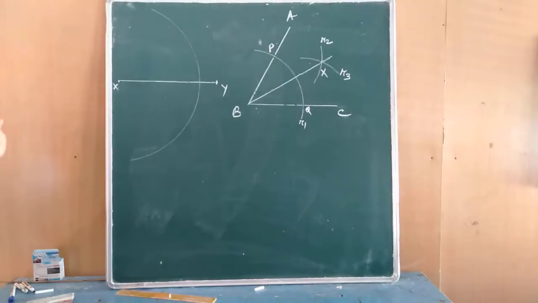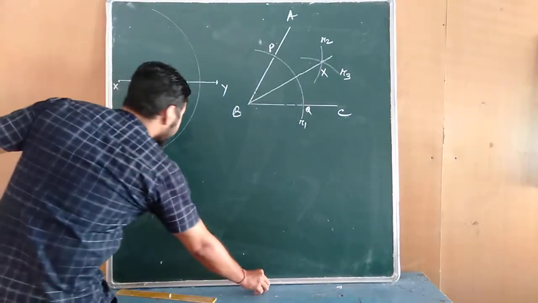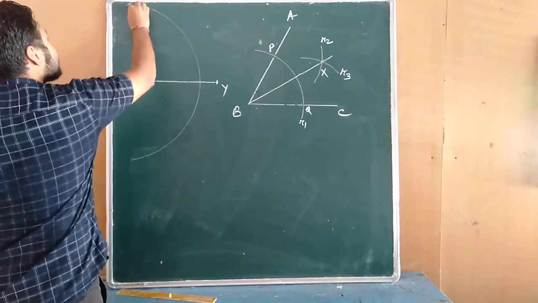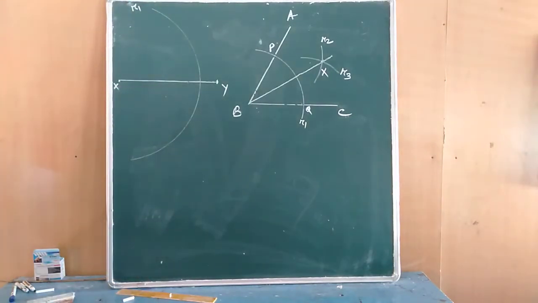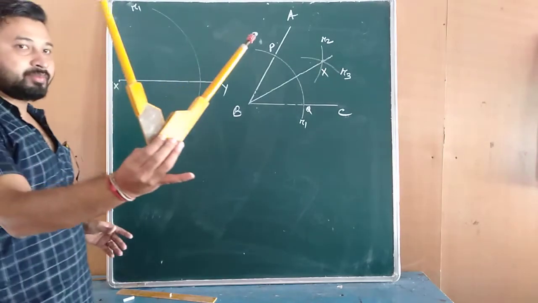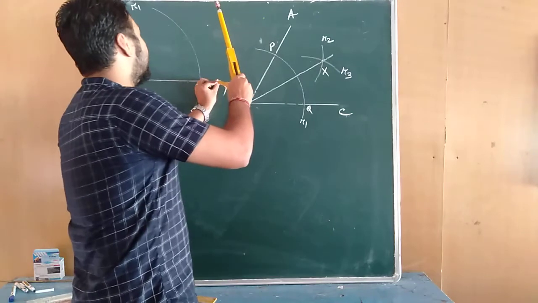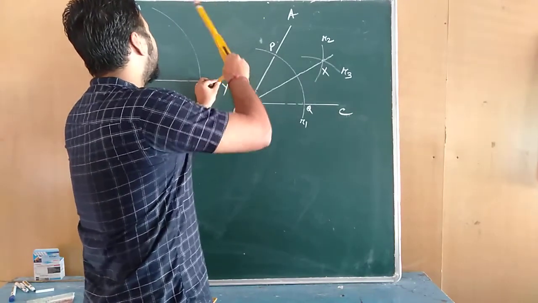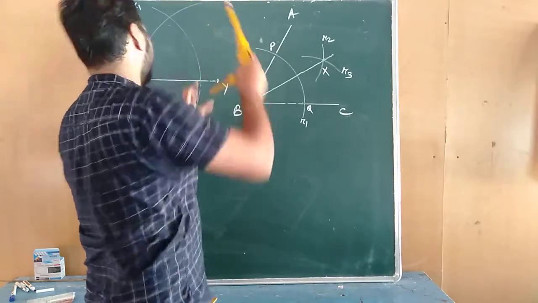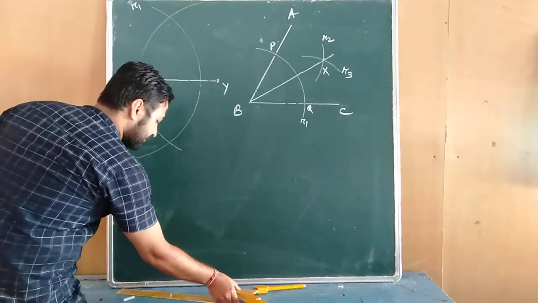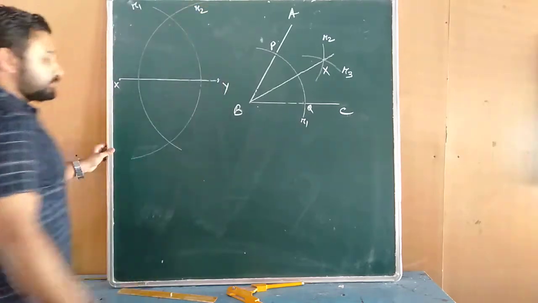Drawn? Now let's give the name of this arc as R1. With the same radius and taking Y as center, we will draw another arc. Name of this arc, say R2.